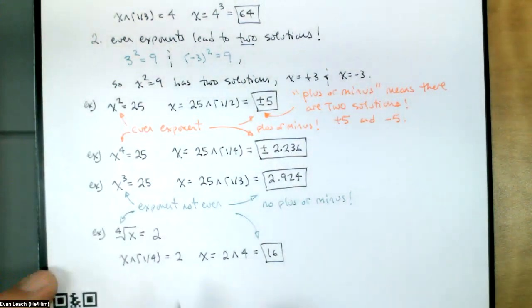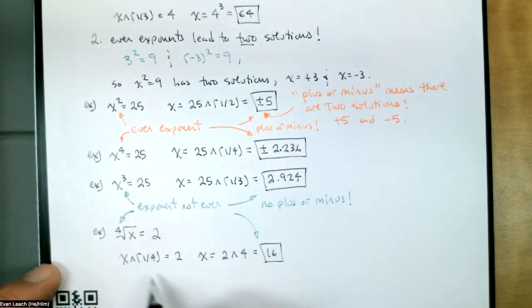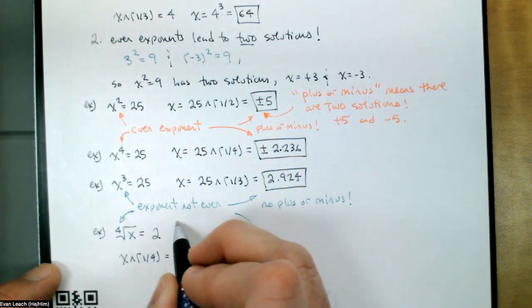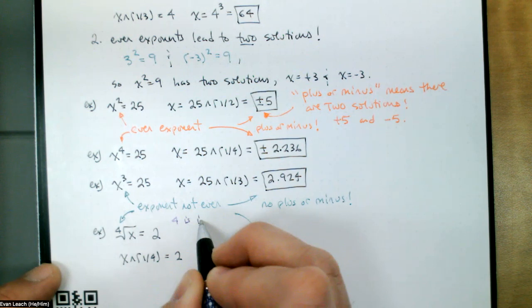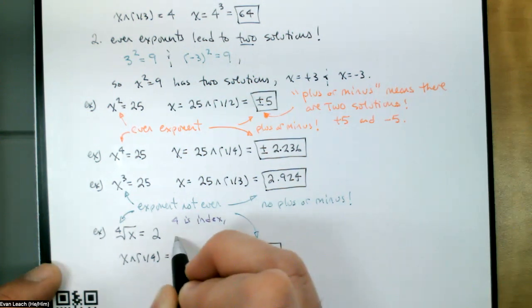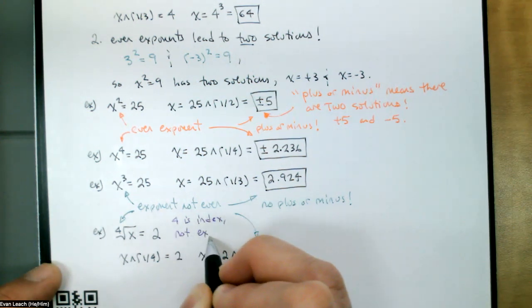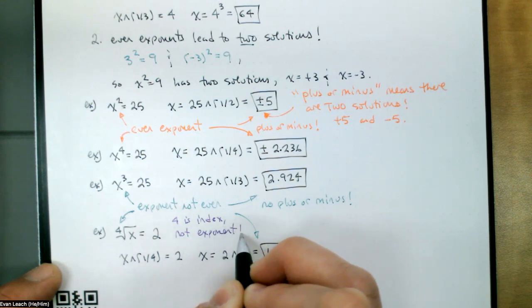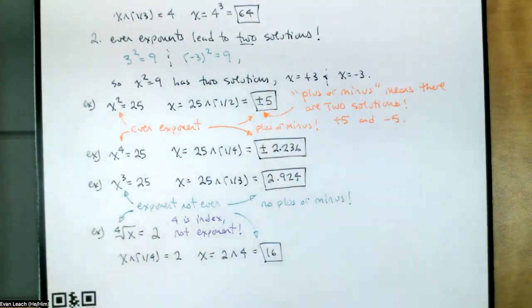To undo the 1/4 power, it's 2 to the 4th. We're not worried about that. 4 is index, not exponent. So even integer exponents lead to 2 solutions.